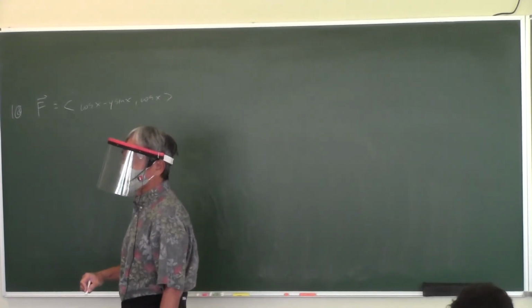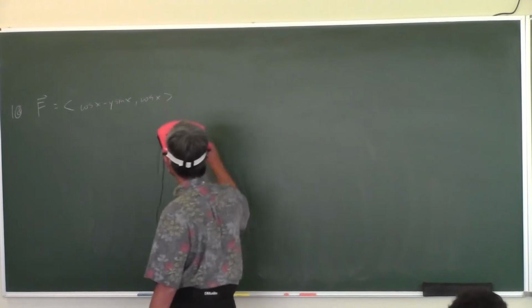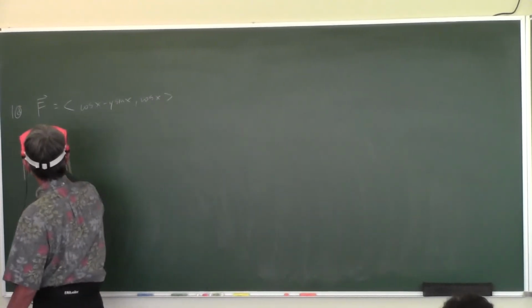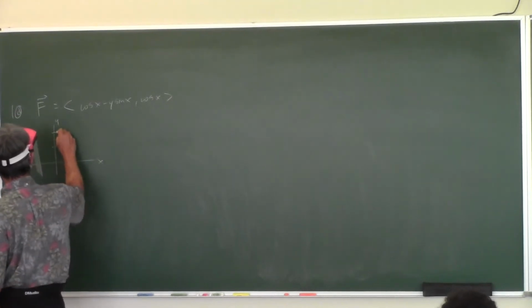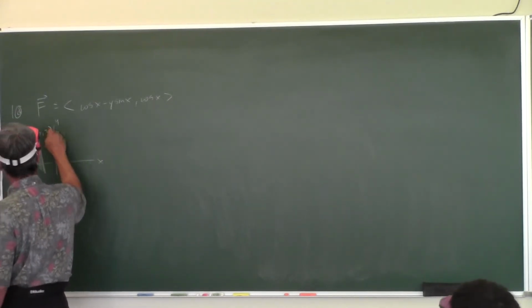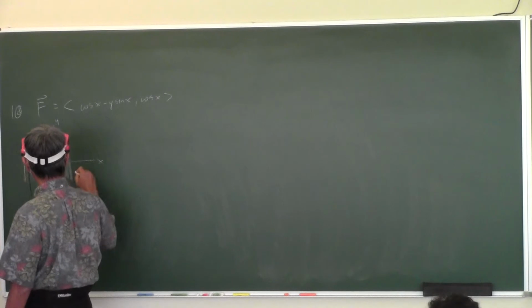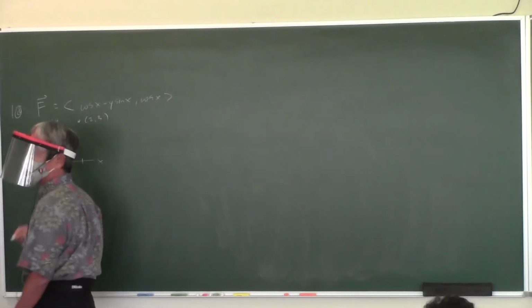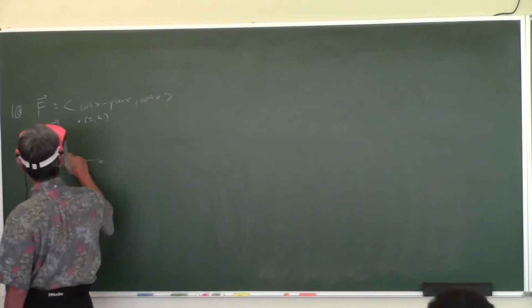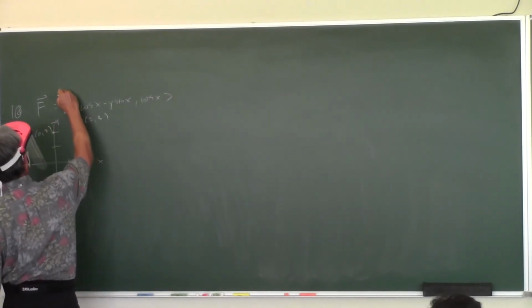And then over the triangle with vertices (0, 2), (2, 3), and (1, 4).